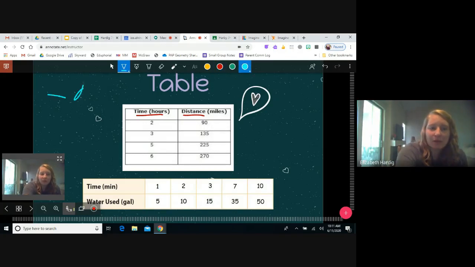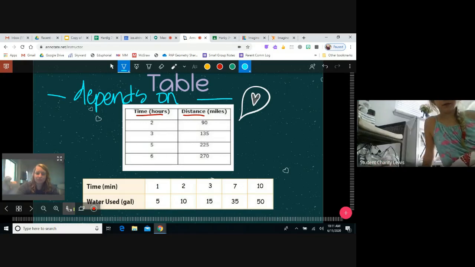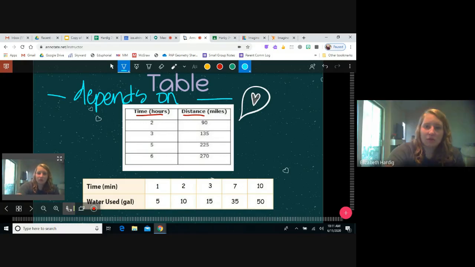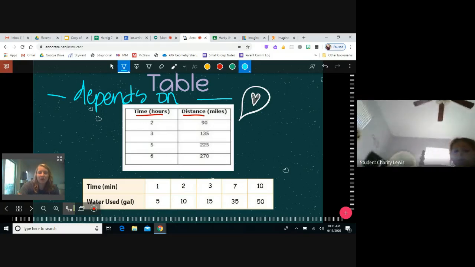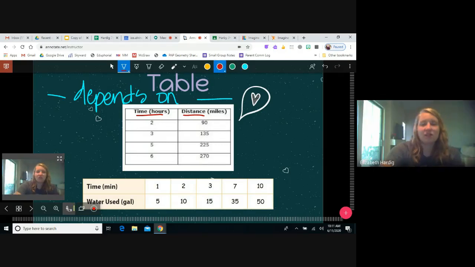What depends on what? I think the first one, time, is independent and then distance is dependent. Okay. So does distance depend on time? Does the distance that you travel depend on how long you're traveling? Yes. So this would be our X and this would be our Y.